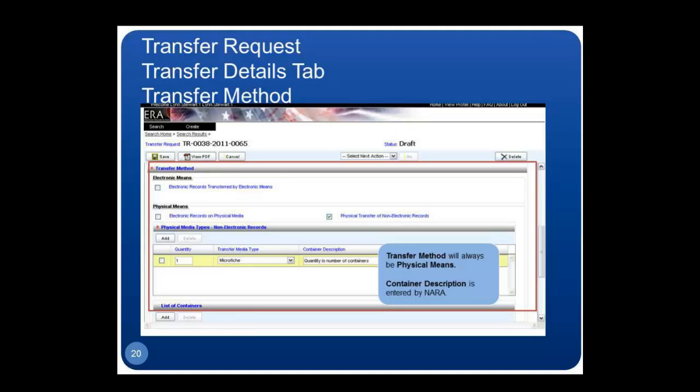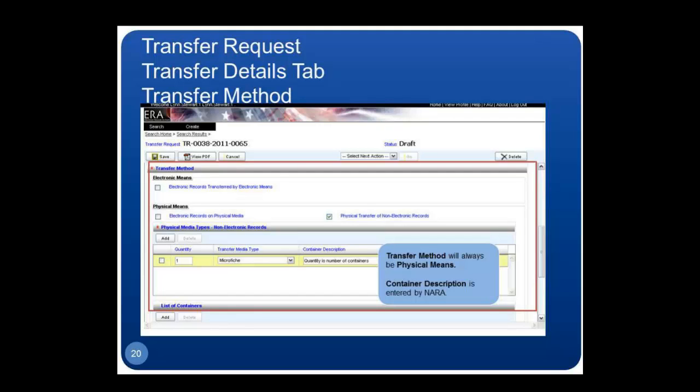They're textual records on microfiche. They might be cartographic records on microfiche. But the vast majority of them are indeed textual records on paper, but we do have a fair amount of other kinds of media. Special media may be indicated here as well, different kinds of microforms as well.